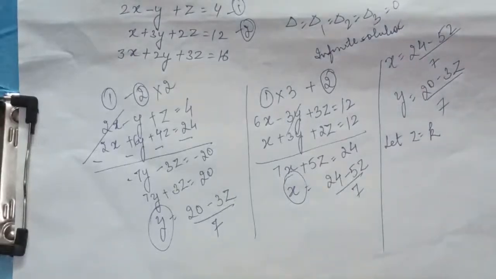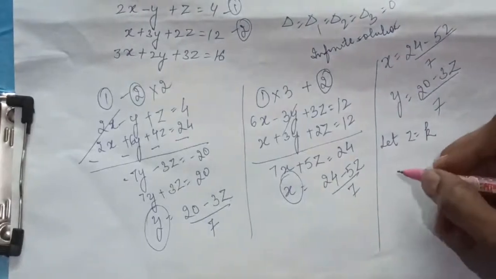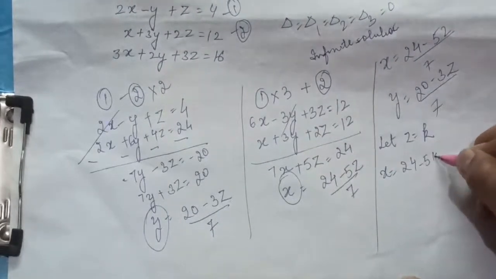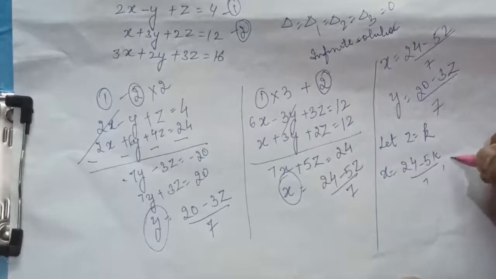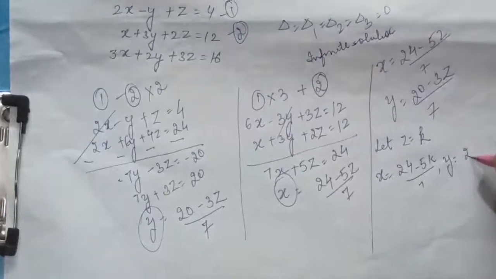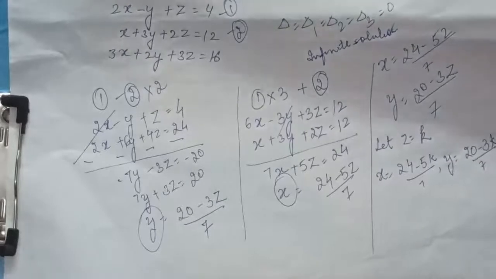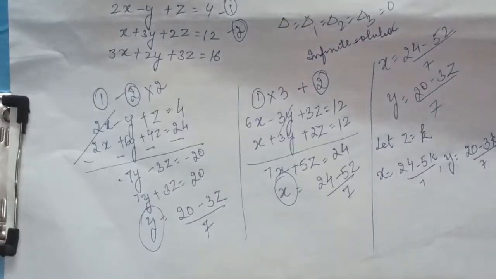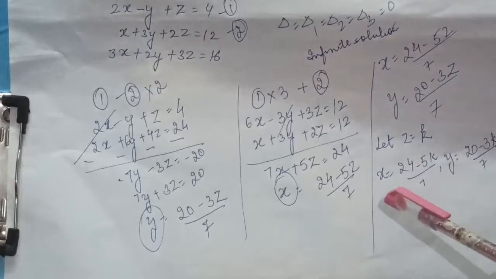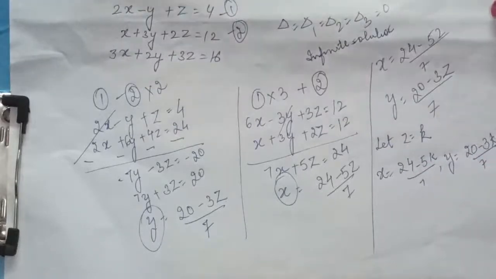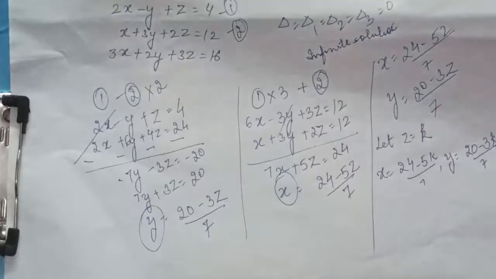If z is equal to k, then my x will be 24 minus 5k divided by 7 and my y will be 20 minus 3k divided by 7. Right? So now I have written the values of x and y and my k is on the right hand side because my z has been replaced by k.